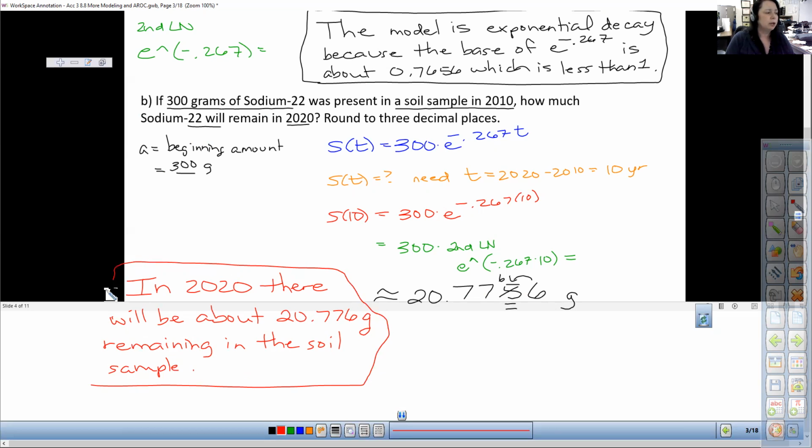So over that 10-year period, we started, remember, with 300 grams. We're now down to a little bit over 20 grams after that 10-year period.